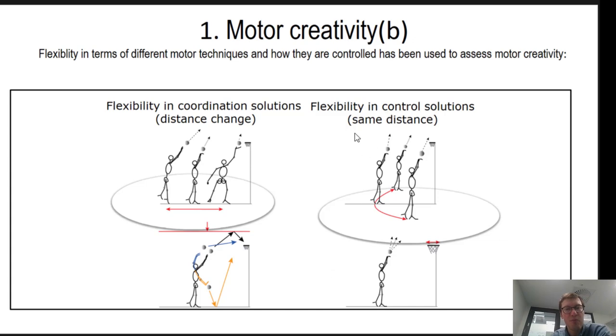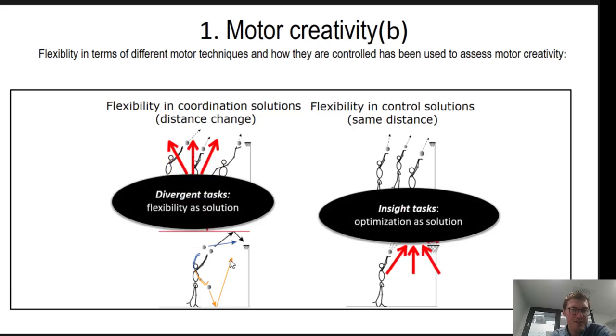So we can also, if we think about it, be creative in terms of the way in which we control a particular technique. You could also imagine achieving this ability to explore the same technique by, instead of changing the position on a circle, I've also given an example of perhaps changing the width of the basket as well.